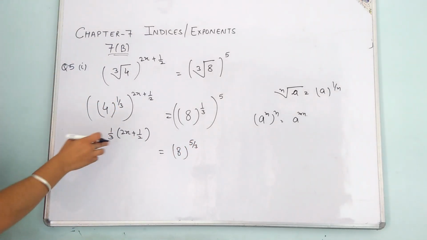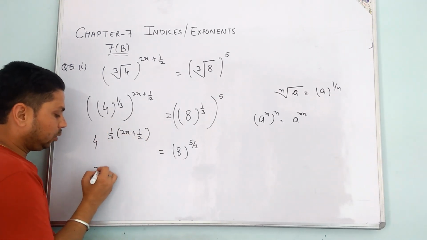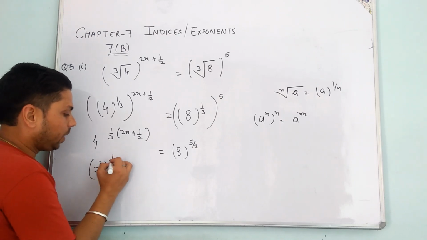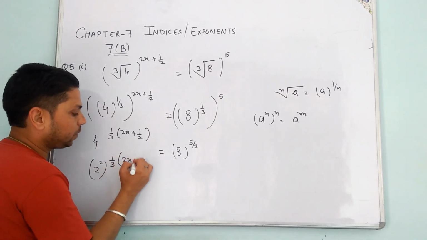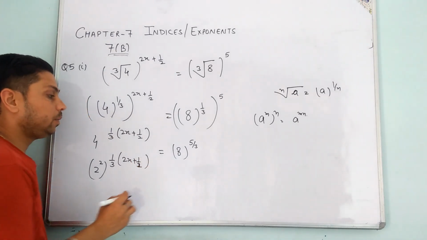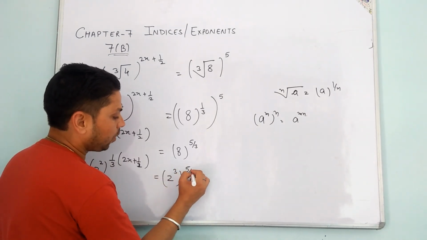Now reduce the base terms to the least base, that is 2 raised to power 2, 1 by 3 into (2x plus 1) by 2. This will be equal to 2 raised to power 3, 5 upon 3.